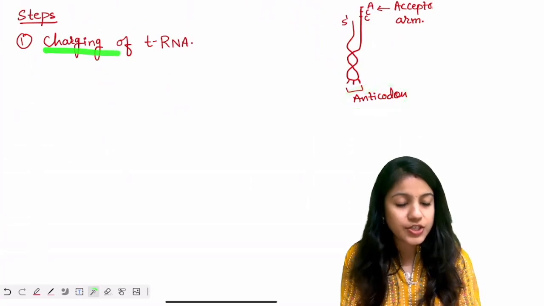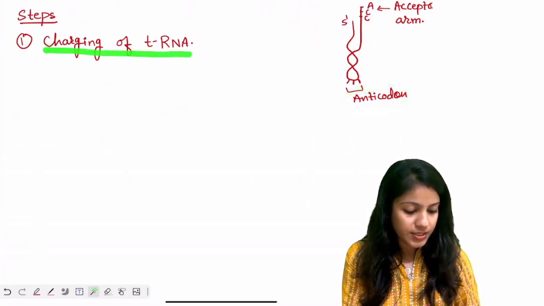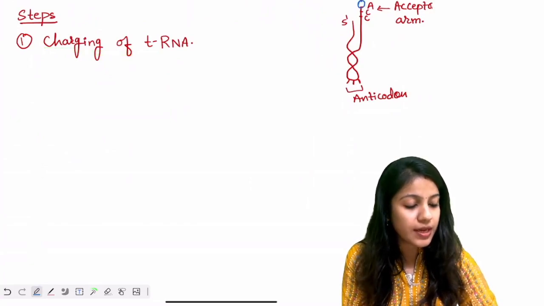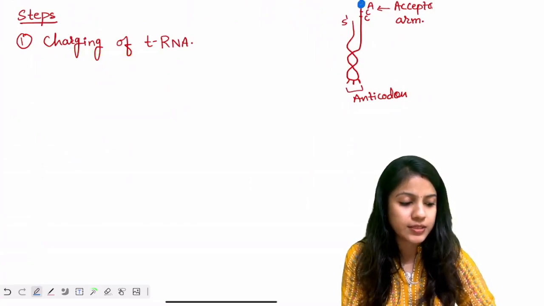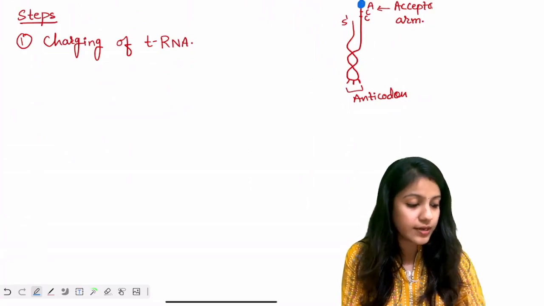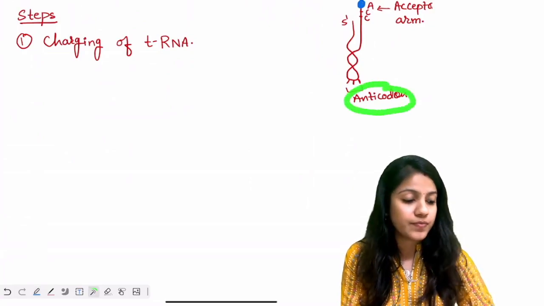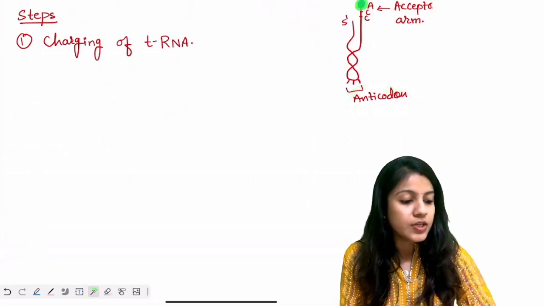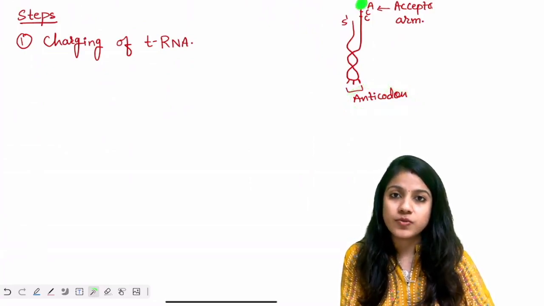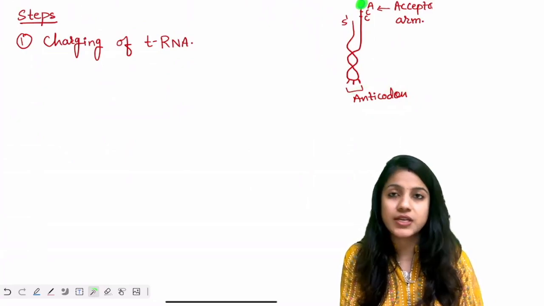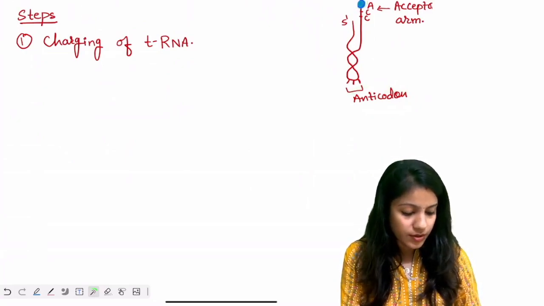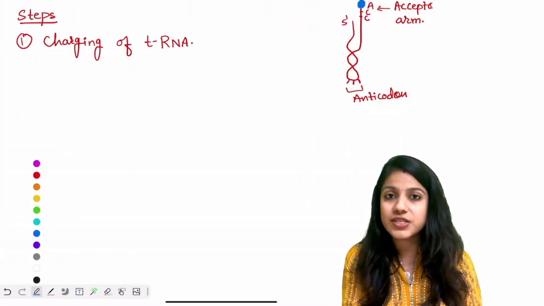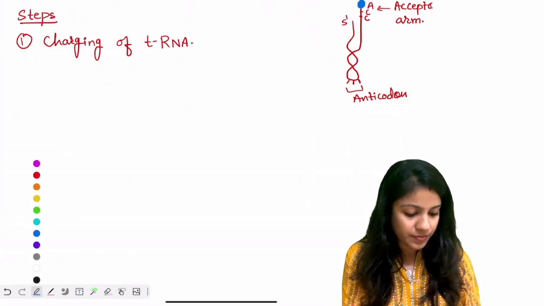So what is charging of tRNA? Now this tRNA will be accepting a particular type of amino acid. Depending upon anticodon, this tRNA will bring particular type of amino acid, right? So amino acid will get attached over here with the help of energy. Of course, energy is needed. So that's why we are saying charging of tRNA, right? Because energy is needed for that purpose.